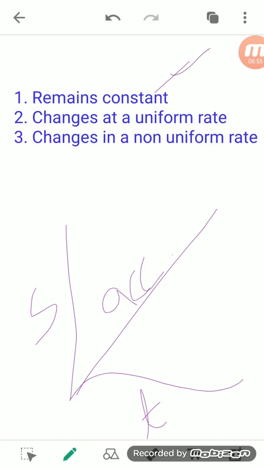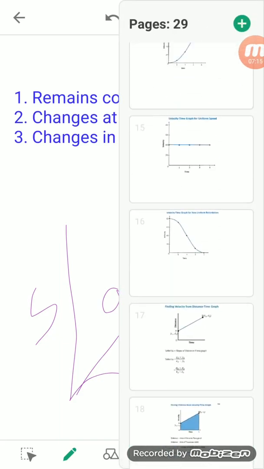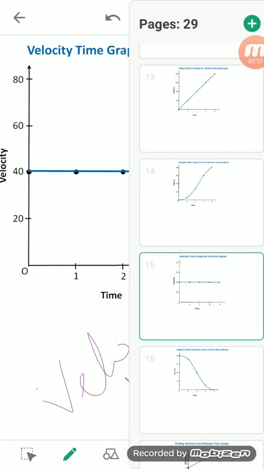If it changes at a uniform rate, then we call it uniform acceleration. And when the speed of the body changes at a non-uniform rate, then there is non-uniform acceleration. We will understand one by one.